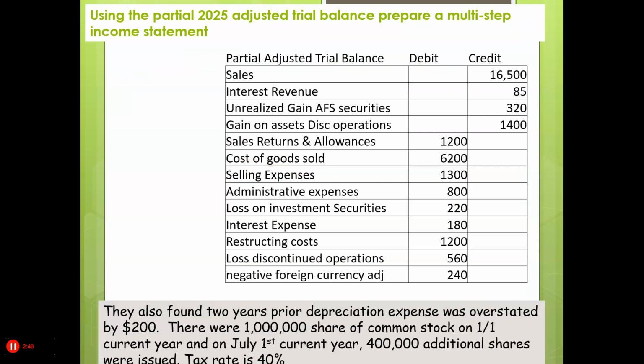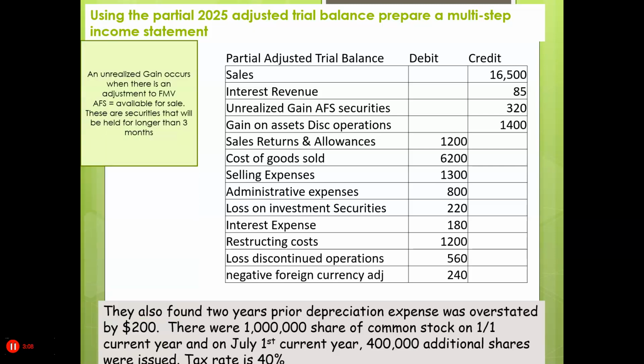Now let's take a look at this example. We have an example where we're showing all kinds of activities during the year, and this is an adjusted trial balance. What we're going to do is go through and analyze it and create an income statement. So here's something to remember. We'll talk about this later.